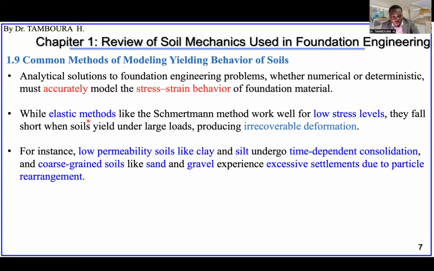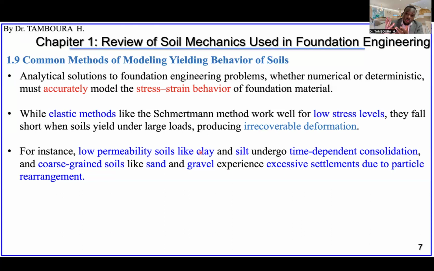For example, low permeability soil like clay, the permeability of clay is very low, and silt also. When you construct a building, for example, on clay soil, the water inside the clay will take a long time to escape from the ground.